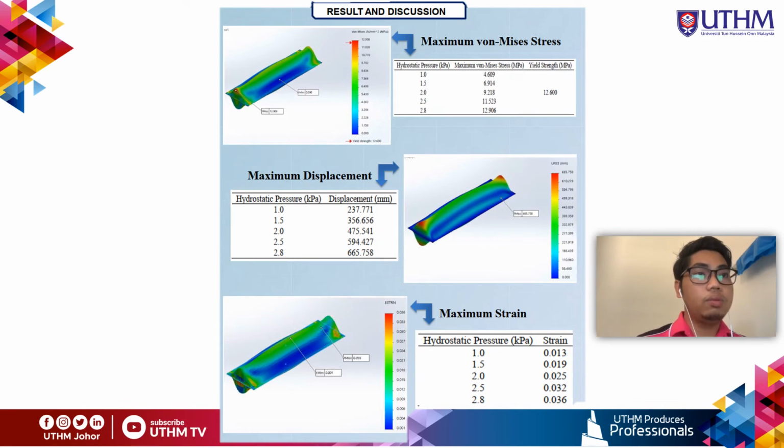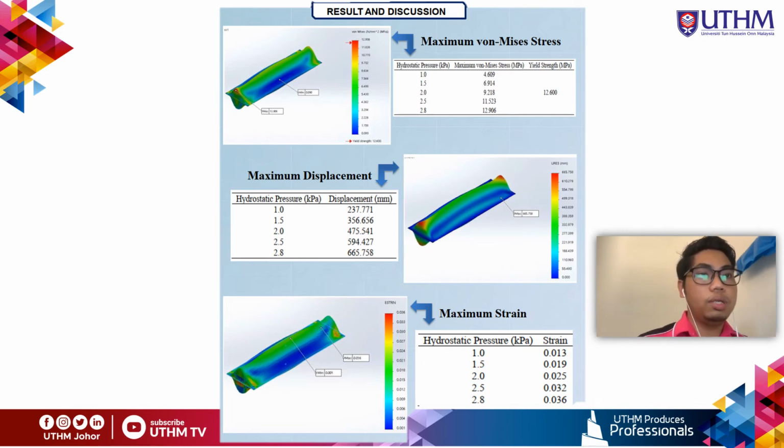The value of maximum von Mises stress is due to the hydrostatic pressure, which we allow up to 2.8 kilopascal, because that is the maximum allowable, as the arrow indicates the maximum von Mises stress has passed the yield strength of the geotube. So the value of maximum von Mises stress is 12.906 for 2.8 kilopascal hydrostatic pressure.